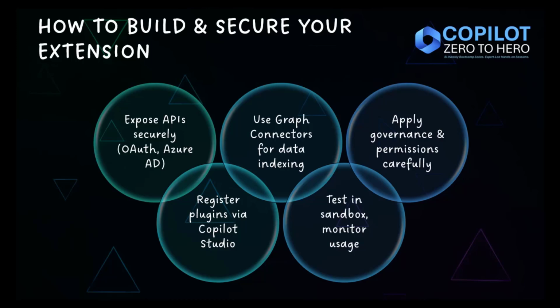So a real world example is imagining a Sales Copilot. Yes, I just mentioned Sales Copilot in Dynamics 365. But let's say the company builds a Sales Copilot that connects to a legacy CRM system via an API. Maybe the API is hosted in Azure.